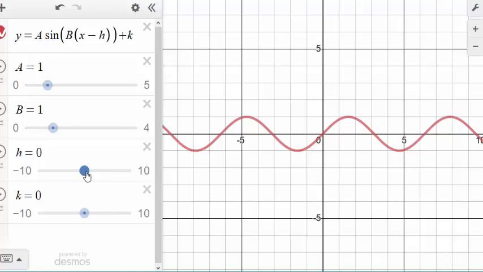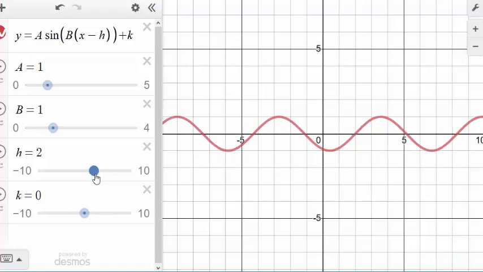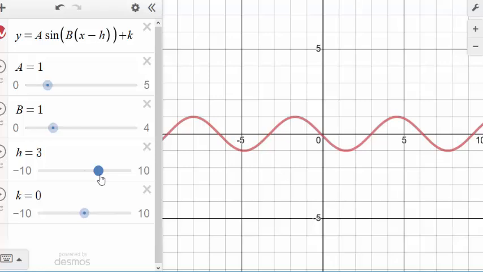Now h, from our basic transformations, is going to be a horizontal shift. But the difference was that minus sign: x minus h. If I make h positive, like 1, that moves it to the right. H equals 2 moves it to the right again, 3 moves it to the right again.